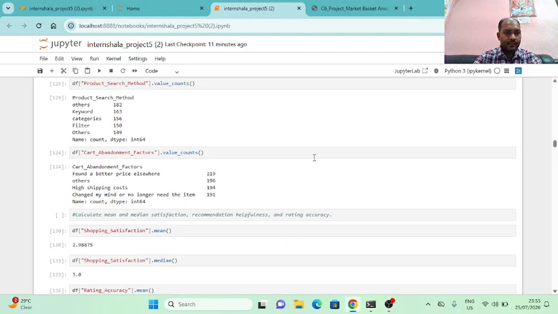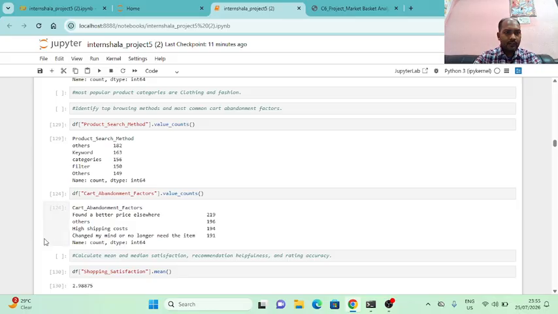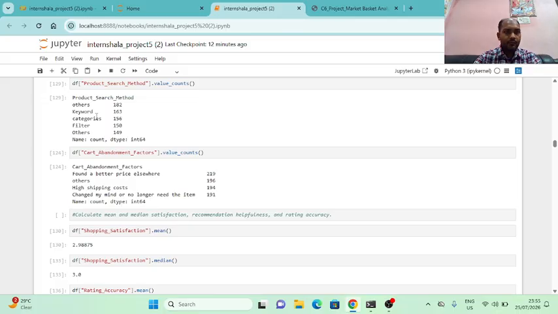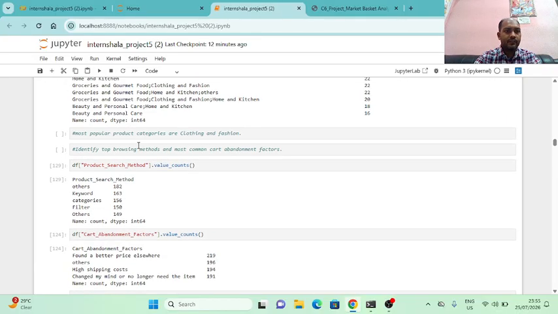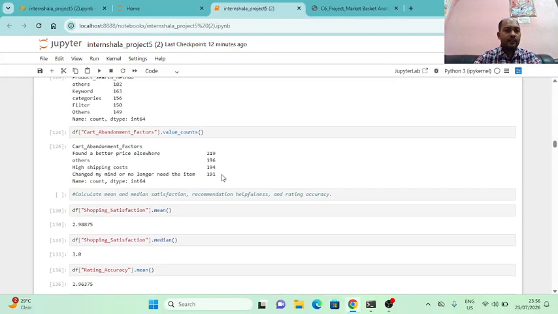Here we can see that "found a better price somewhere else" has 219. And for product search method, 182 fall in the Others category. So customers are searching for products by other ways.